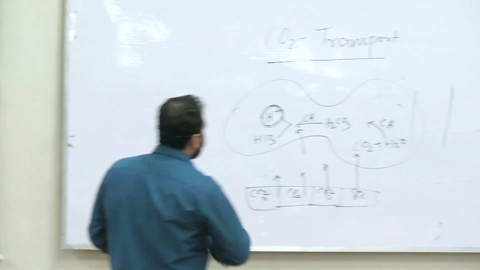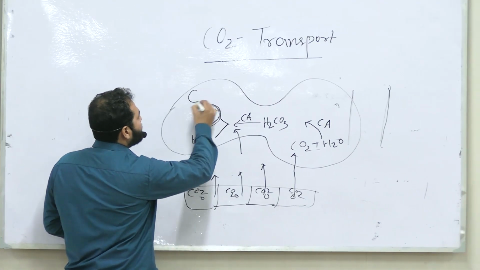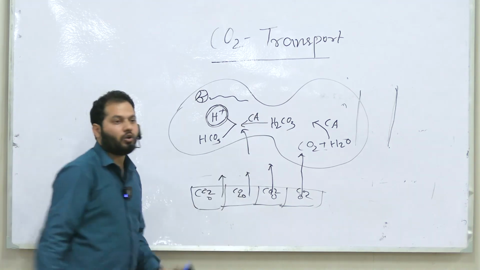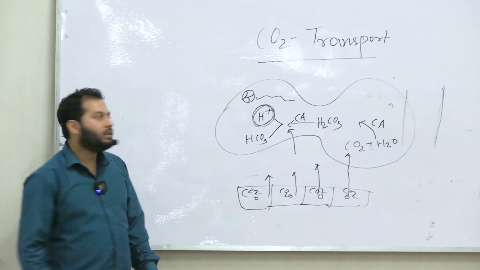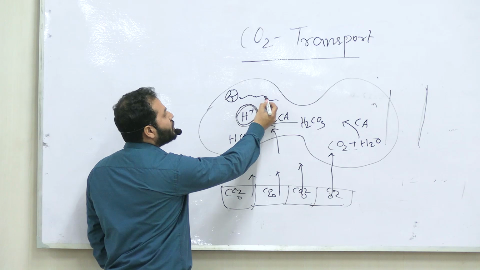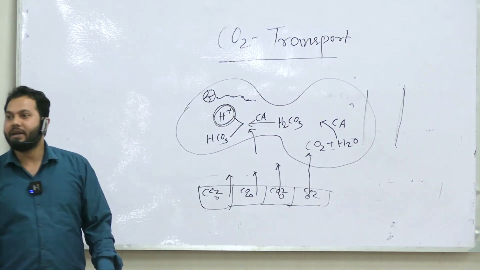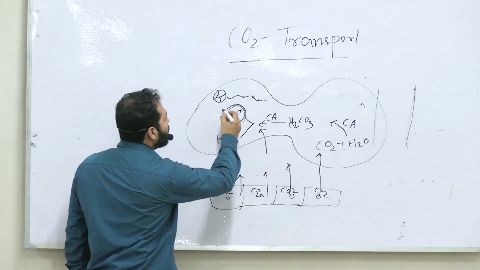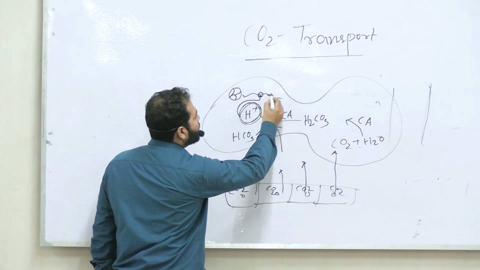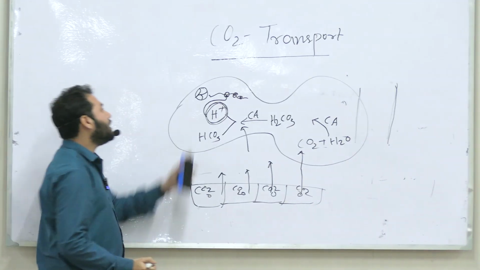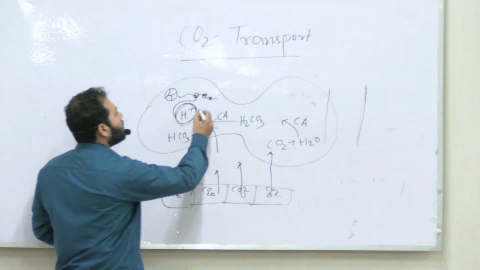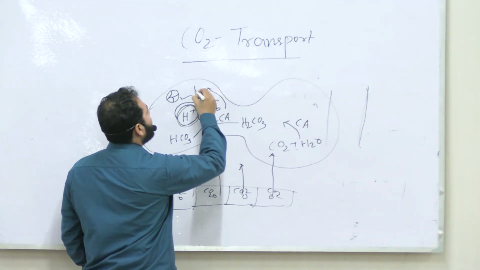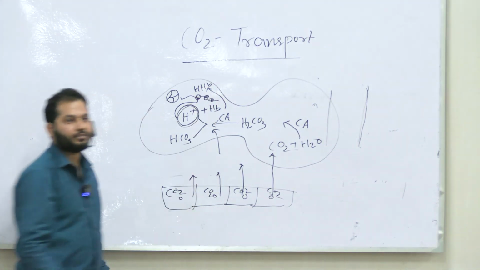So here this H plus ion, suppose this is the hemoglobin chain. In this chain there are some histidine molecule having negative charge, right? So that this H plus ion will bind with this negatively charged molecule, right? Means this H plus ion will react with hemoglobin, then form HHb, right?